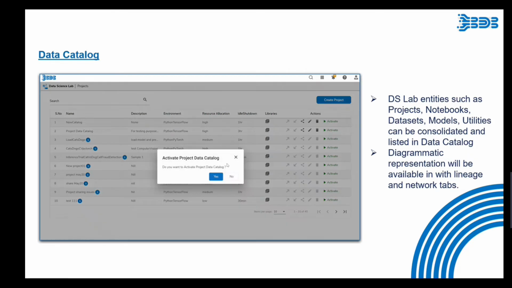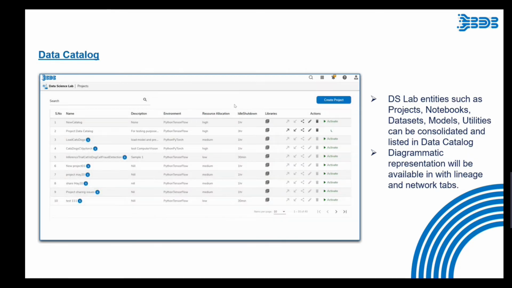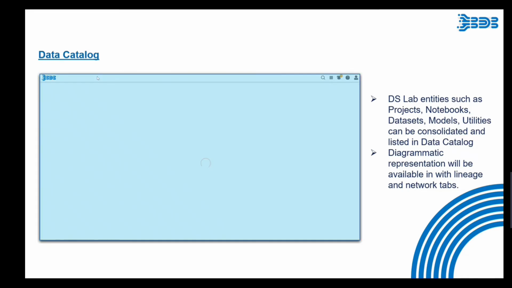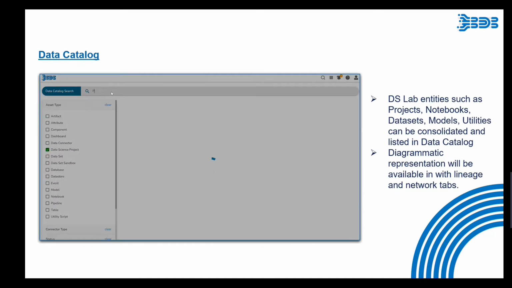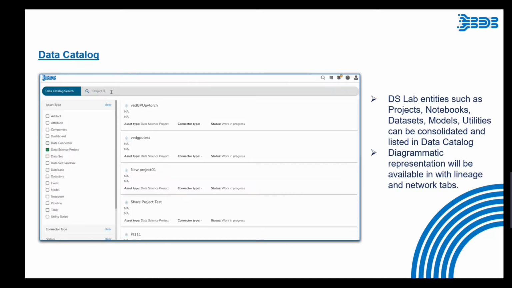So this is a very cool feature that enables a user to get a complete overview of the project that he is working with and what are the different elements that are associated with this project. So this is something which is very interesting.